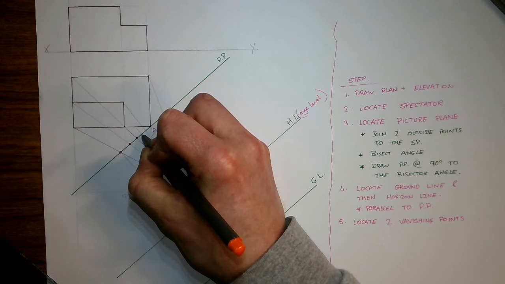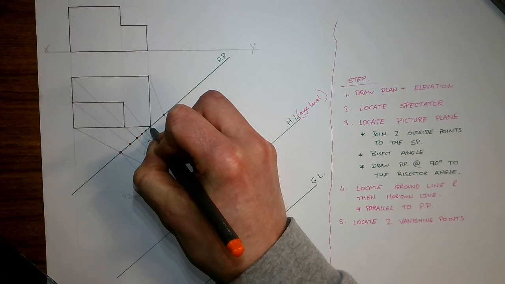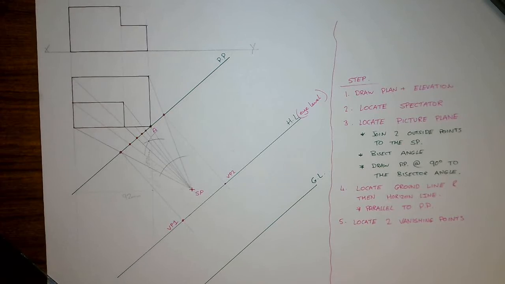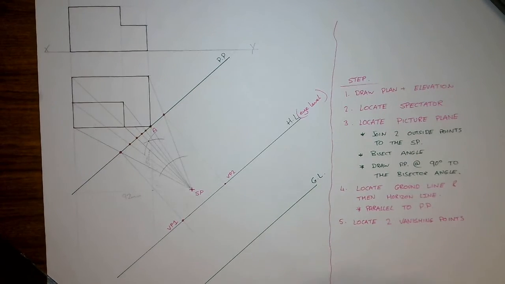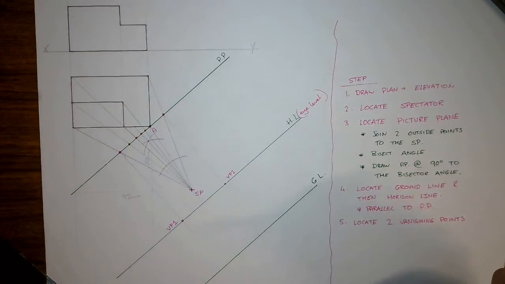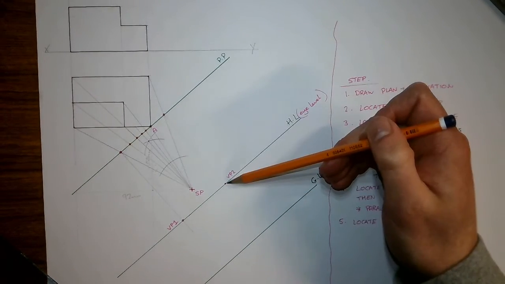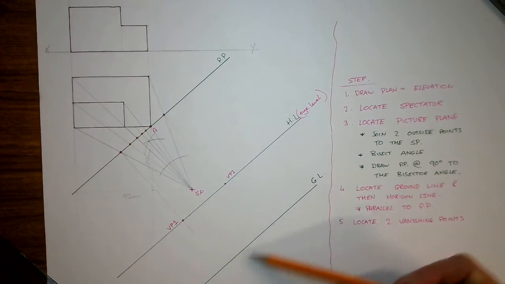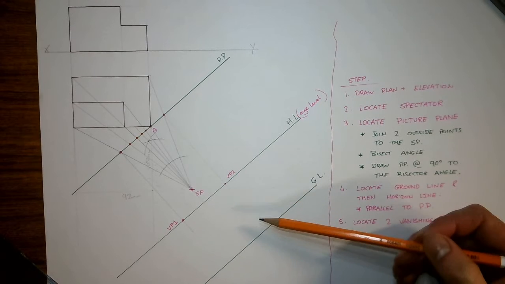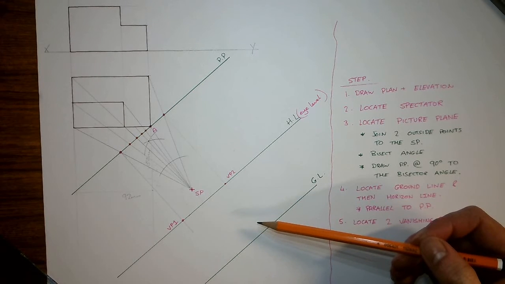Okay. They're all points that we need. Obviously corner A is there now. Alright. So I've just highlighted all them points crossing there. Where them points cross the picture plane, similar to finding our 2 vanishing points, we take them down at 90 degrees into where our perspective or 3D drawing is going to be.